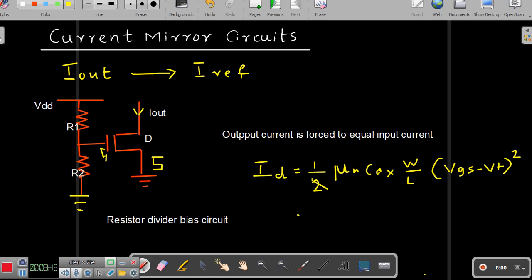So this ID is nothing but I out, the output current.